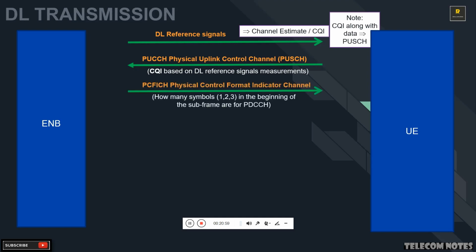After that, again on the PCFICH, physical control format indicator channel, it tells how many symbols, 1, 2 or 3, at the beginning of the subframe are for PDCCH.